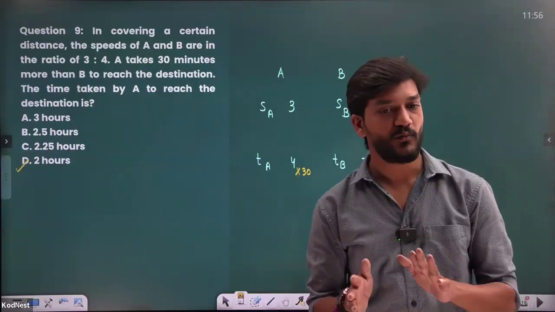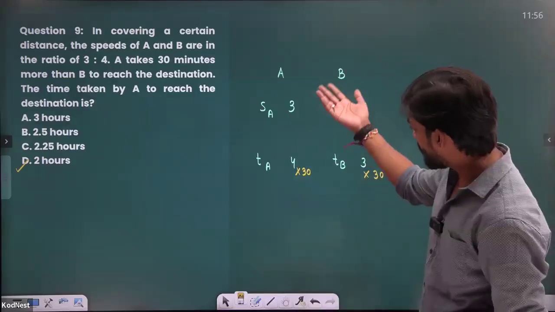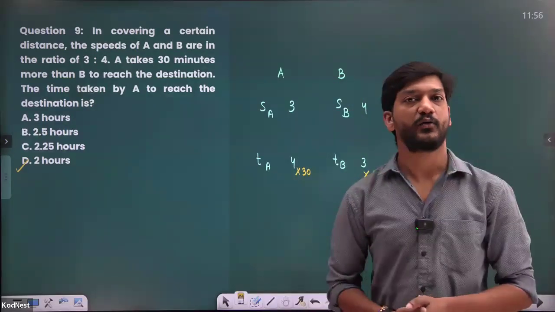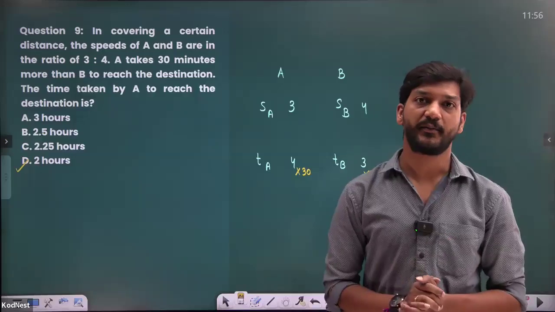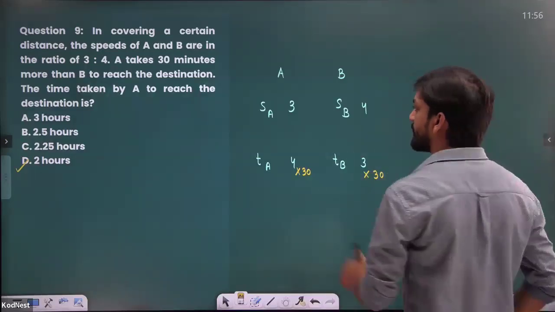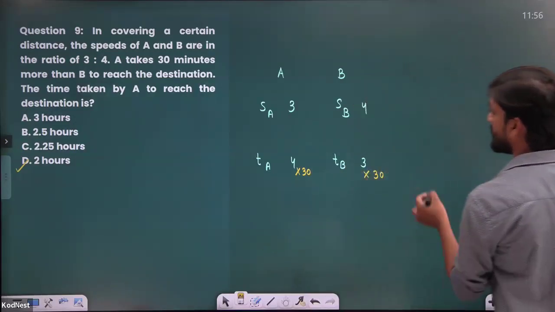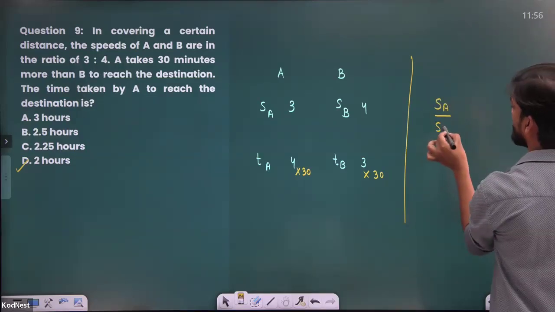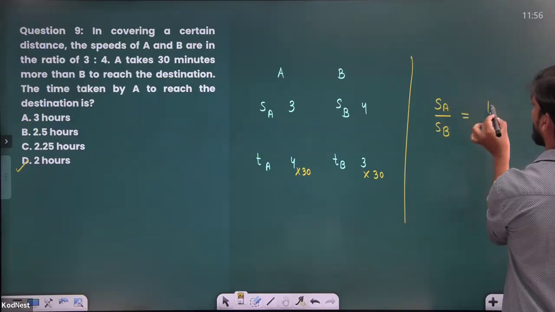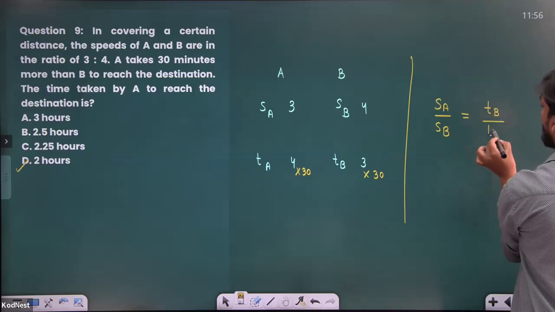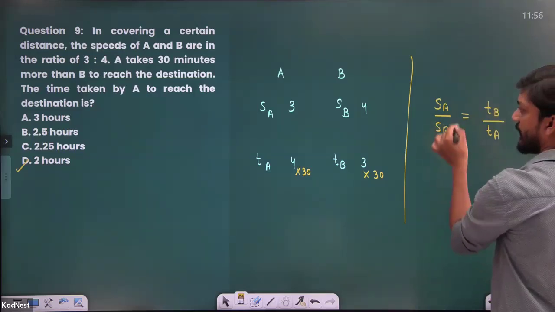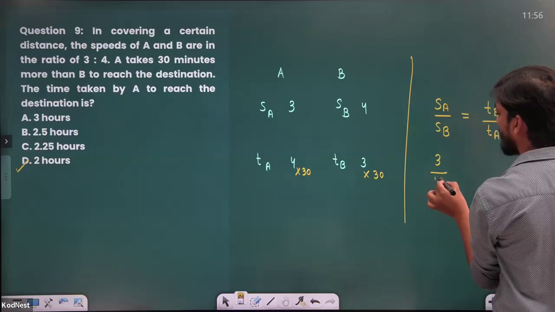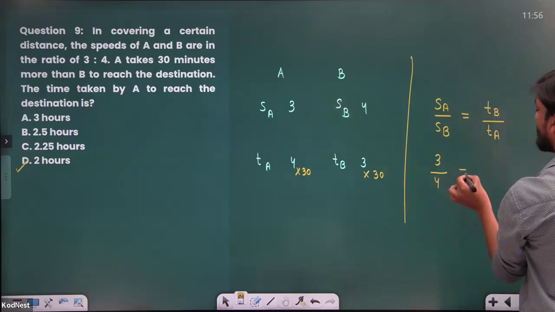So this is one more different way. This is also proportionality. Okay, this is also proportionality. Okay. So let me write this once. SA by SB equals to TB by TA. SA by SB you can write as 3 by 4 because they have given ratio.